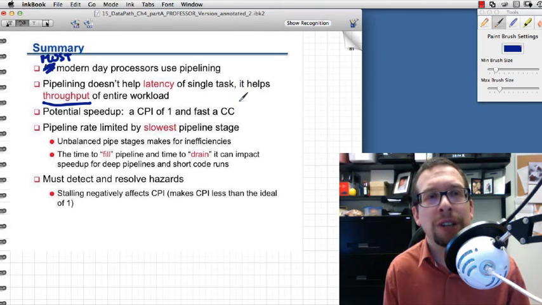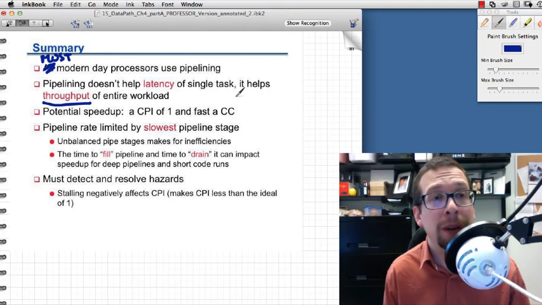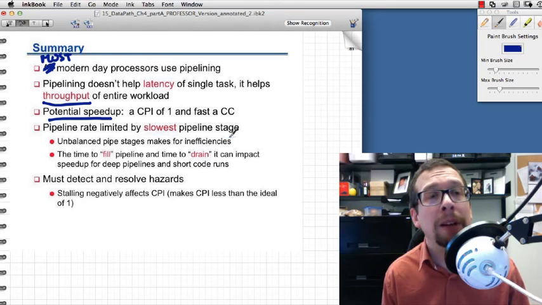You'll see a good reduction in the time it takes for an individual average instruction to get through, and so you can get more instructions through if you're using pipelining. You can absolutely get a potential speedup with pipelining. That's fabulous.